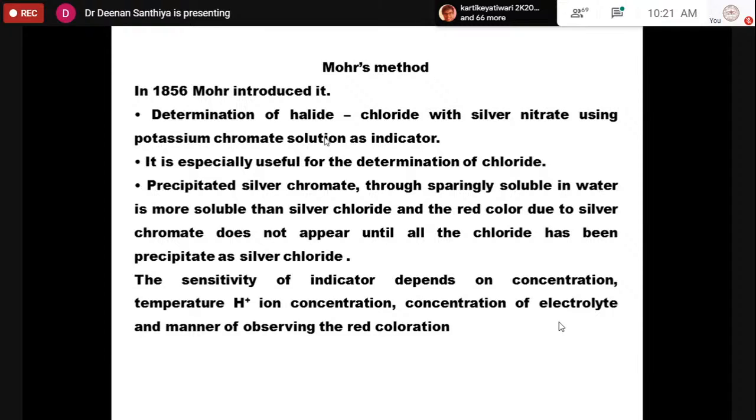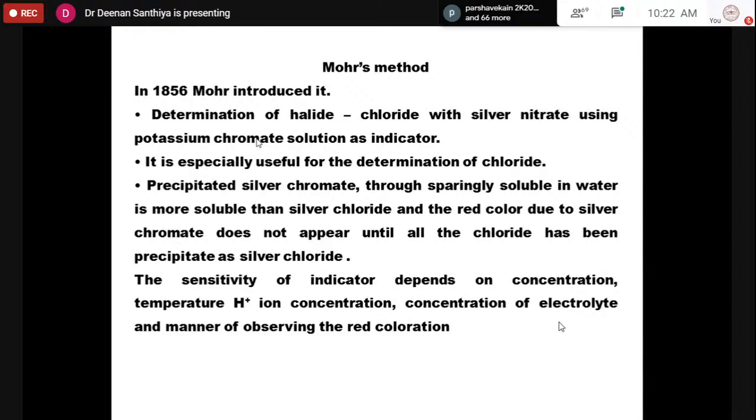As I told you, this titration is an estimation of chloride ions. Precipitated silver chromate, though sparingly soluble in water, is more soluble than silver chloride. Another question on the third bullet: even though you have potassium chromate in your conical flask, why does it precipitate later?